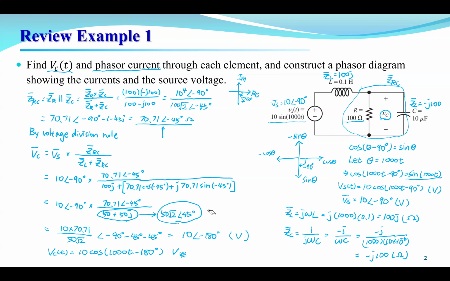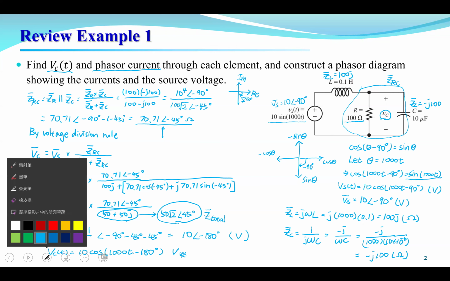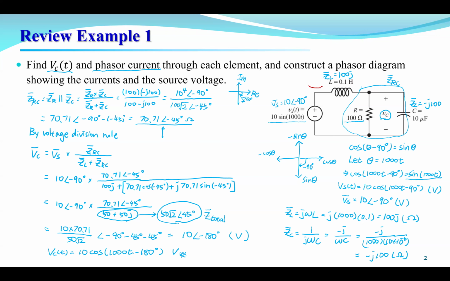We already have the total impedance, so I'm able to calculate the current I flowing into the inductor. I want to use a different color, so let me change color. We need to find this.